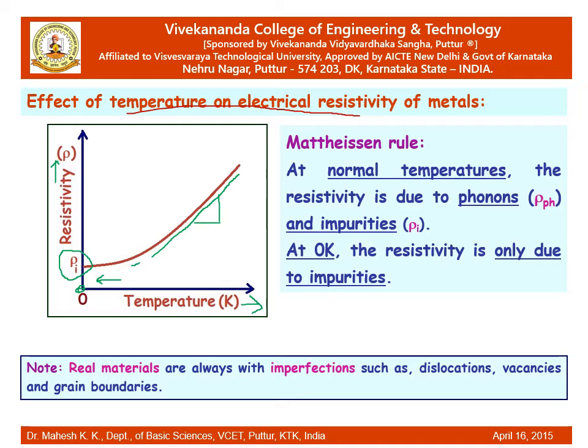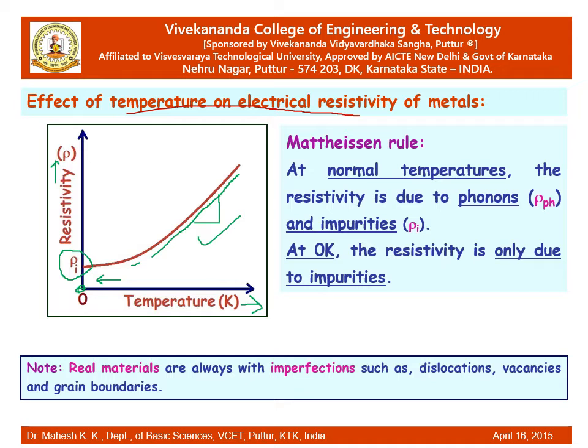This is mainly because any material which is at higher temperatures in this range, for example, will be affected by the imperfections as well as the phonons. Phonons refers to the thermal waves or thermal vibrations of the atoms.